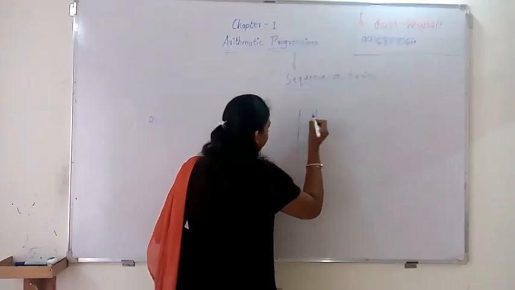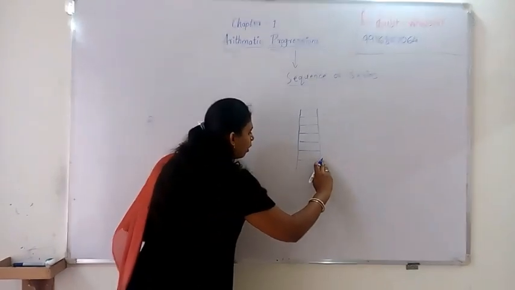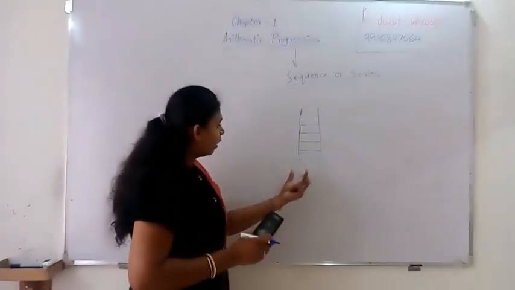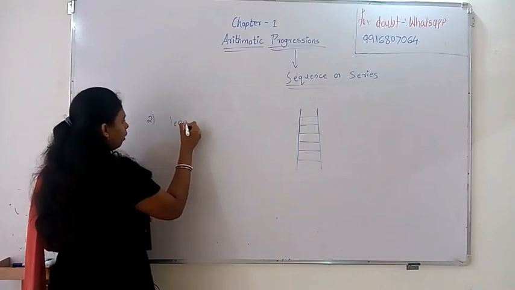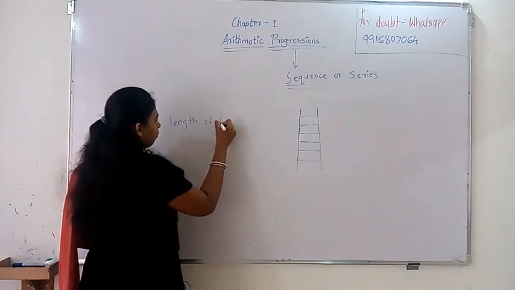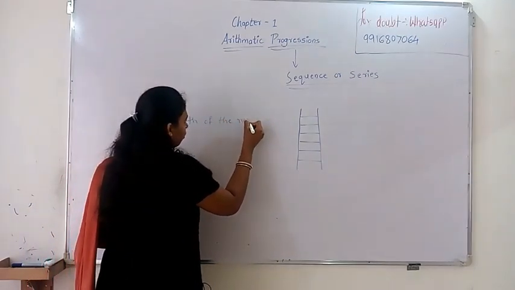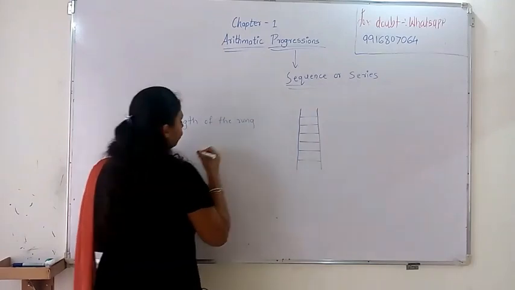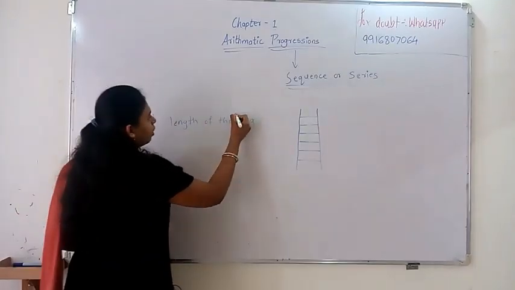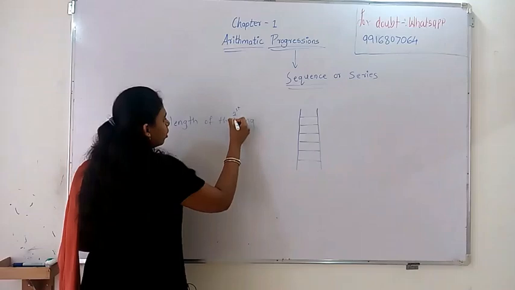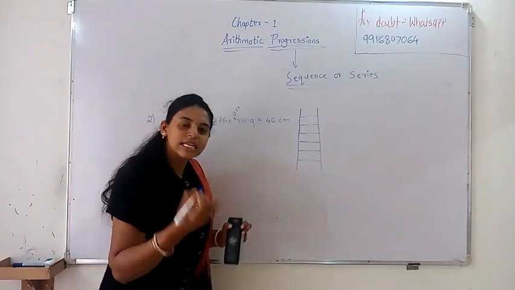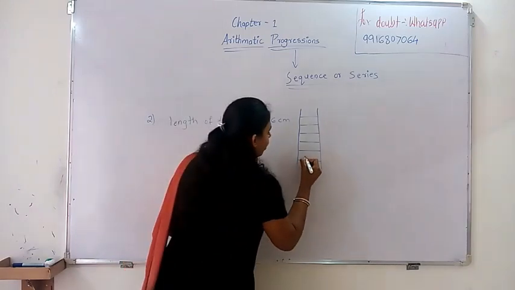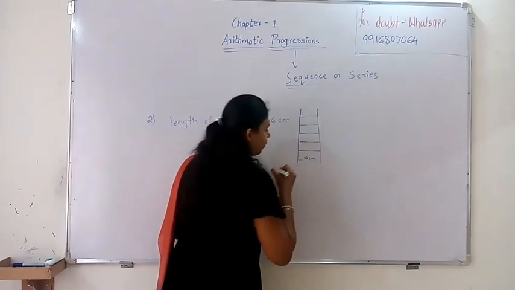There is a ladder, and the length of its rungs: the length of the first rung is suppose 46 centimeter. I will write here 46 centimeter.